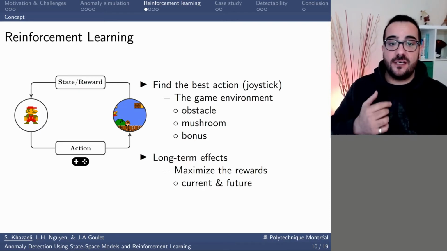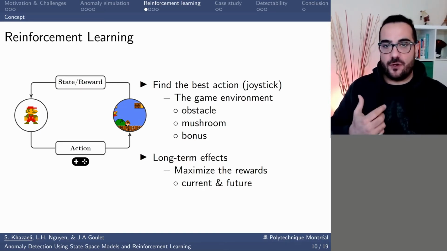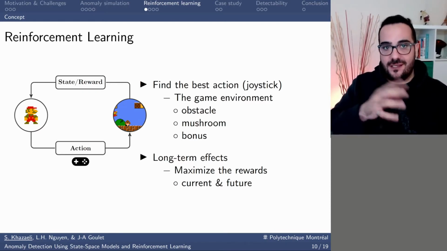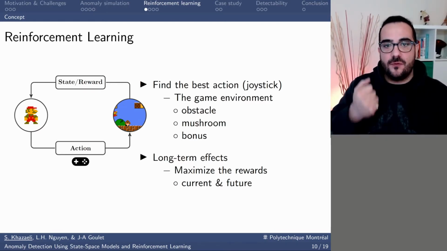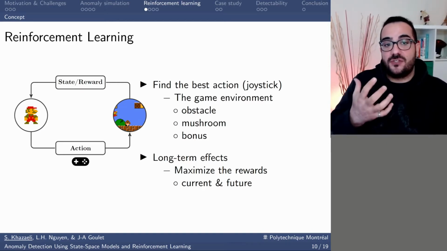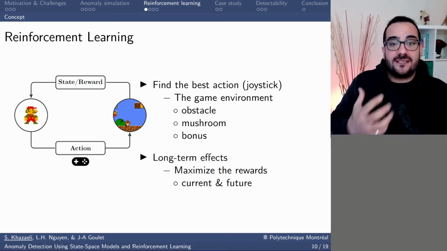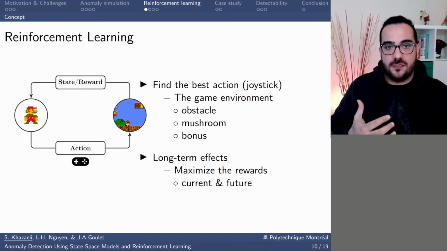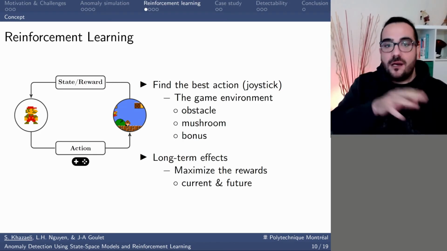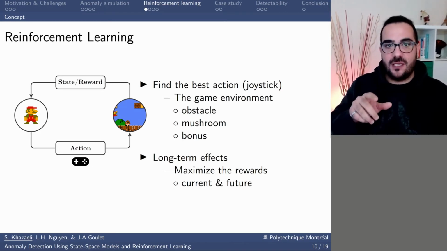And in return, the environment gives you some rewards, and you will be in the next state, or in this case, the position in the game. At the same time, when you are playing the game, you want to consider long-term effects so that you can maximize the current and future rewards. For example, you might want to use the joystick to jump earlier so you can pass the obstacle and get the bonus at the same time.